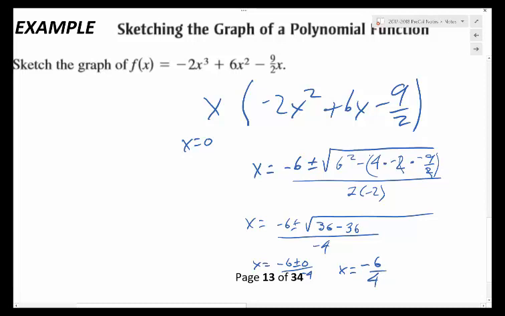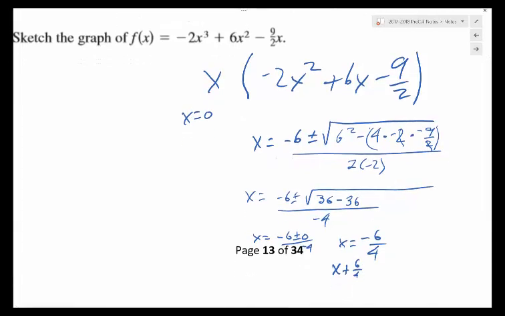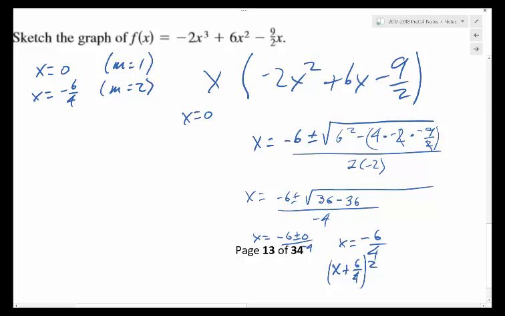Because this is a squared, what that tells me is that x plus 6 over 4 squared. So x will be 0, my multiplicity of 1, and x equals negative 6 over 4, and that's a multiplicity of 2. So I know that it's a negative x to the third, which means it follows this function.